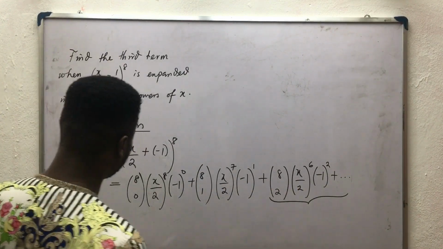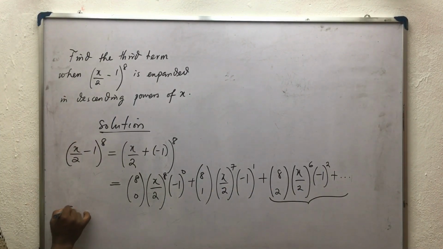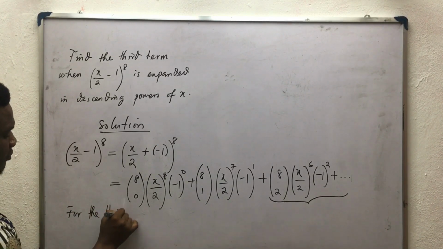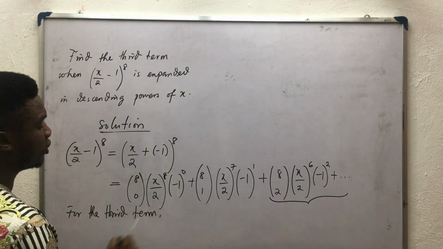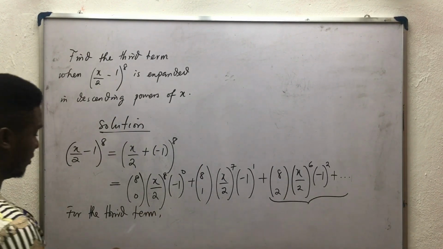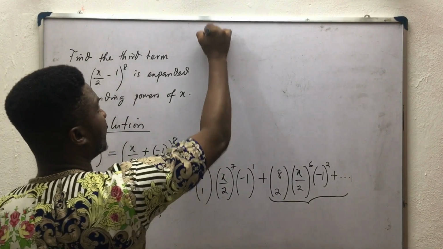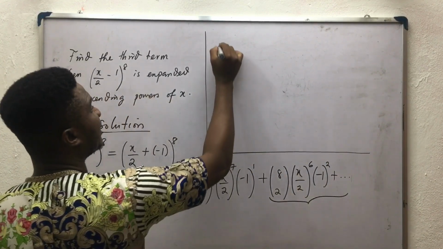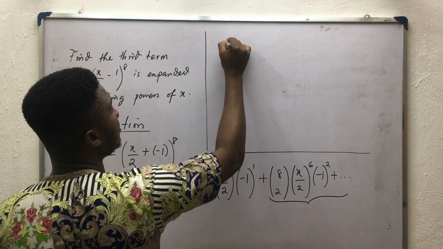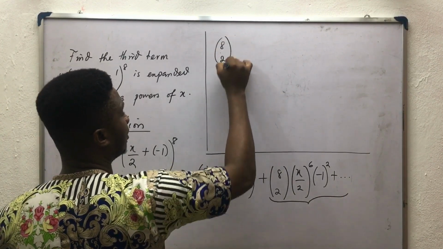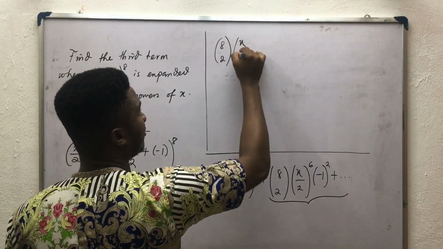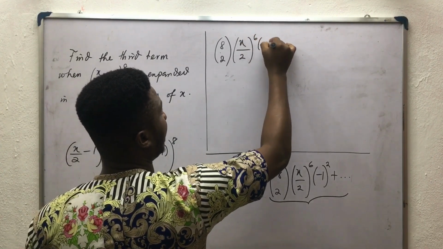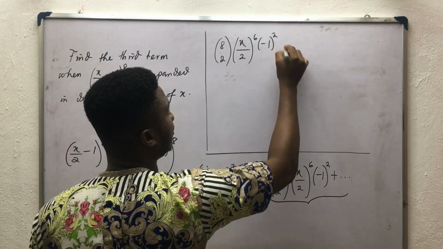Bringing out that third term, what would we have? All you would end up seeing for that third term will be this. So let's bring out the third term, which is 8 combination 2, x/2 all raised to the power of 6 in bracket, minus 1 squared.